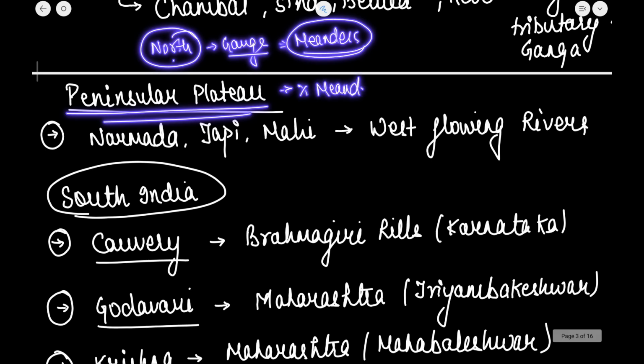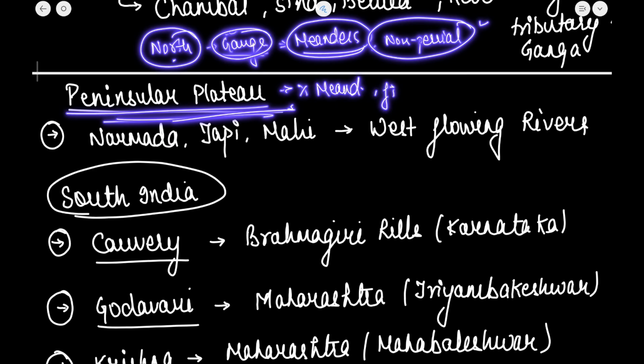Also, the northern rivers, just like Ganga, etc., are perennial. They have water all round the year.